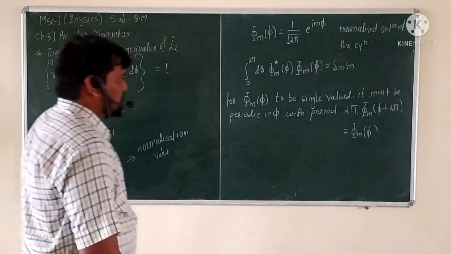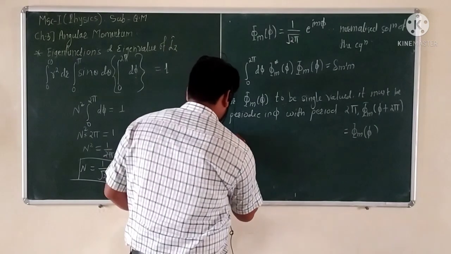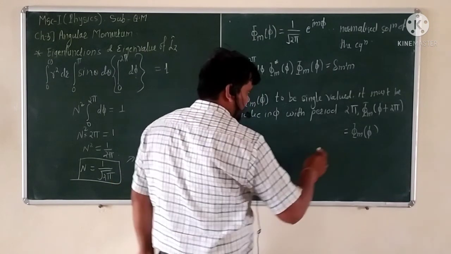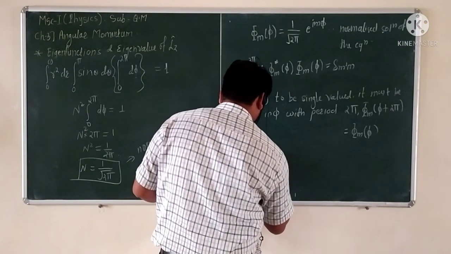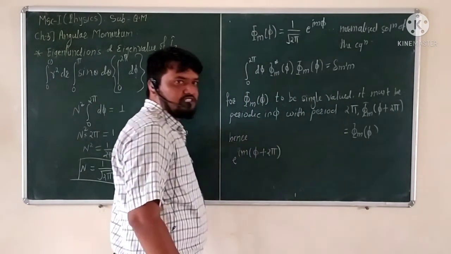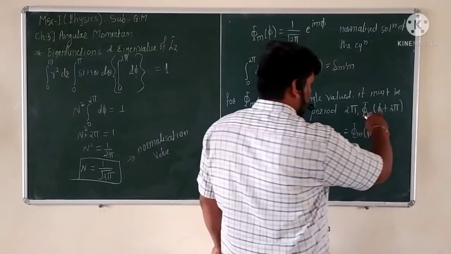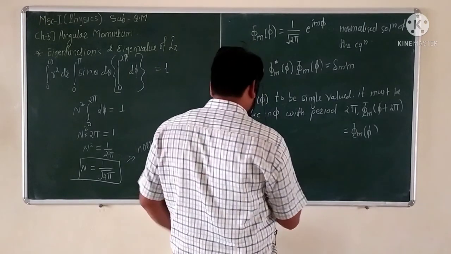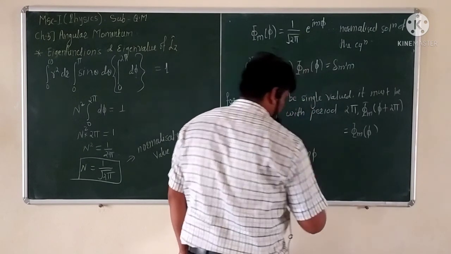Hence the equation coming out is e to the power i m, and this Phi_m of phi is considered single valued, and it is periodic in phi with period 2 pi, so Phi_m of phi plus 2 pi gives e to the power i m of phi plus 2 pi, which is nothing but e to the power i m phi.